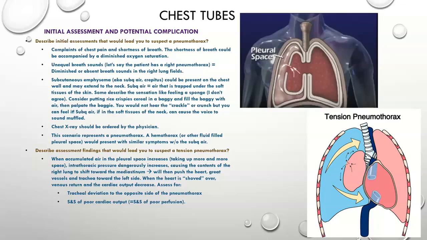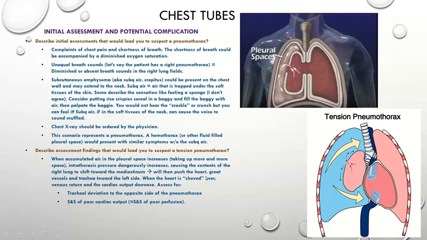So what assessment findings would lead you to suspect a tension pneumothorax, and why am I even bringing it up? Well, because with a pneumothorax, if air continues to collect and takes up a lot of space like what you see here in this picture, then that air is going to take up the space that should be occupied by the lung, which is grabbing O2 from the air. It's going to begin pushing not only the right lung over to the left, but also the structures, the vessels and heart in the mediastinum.